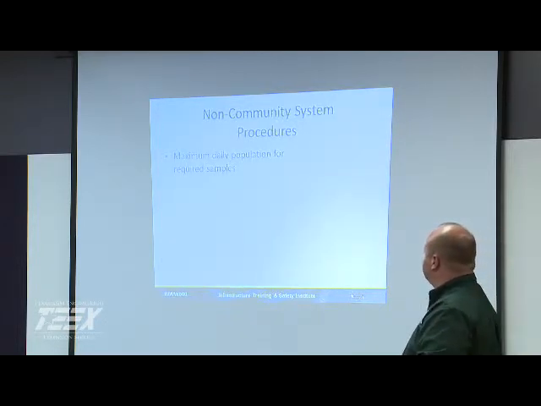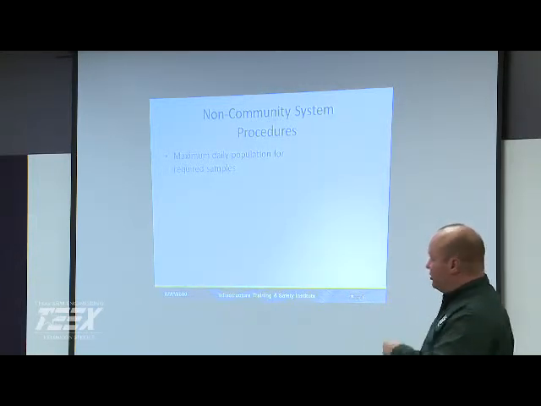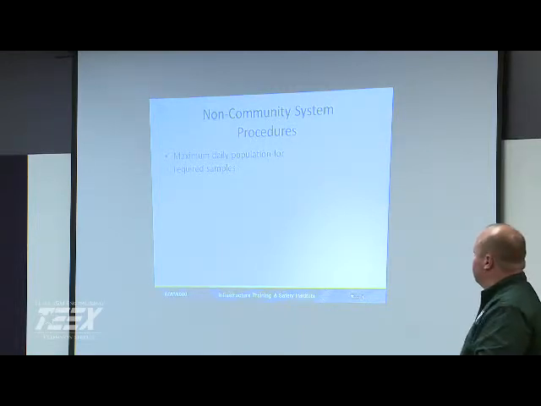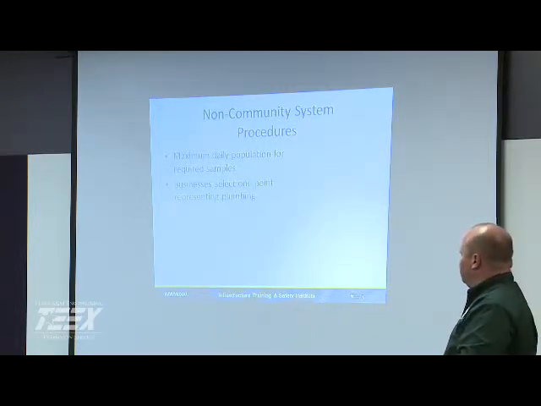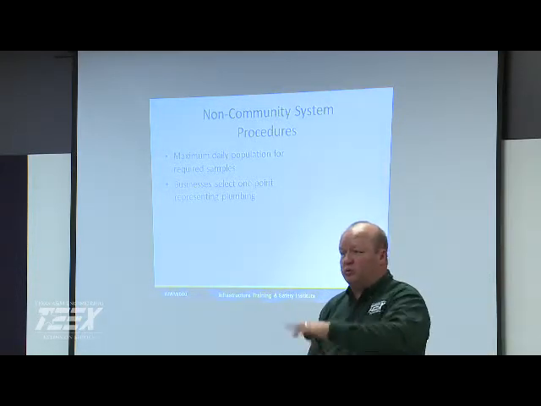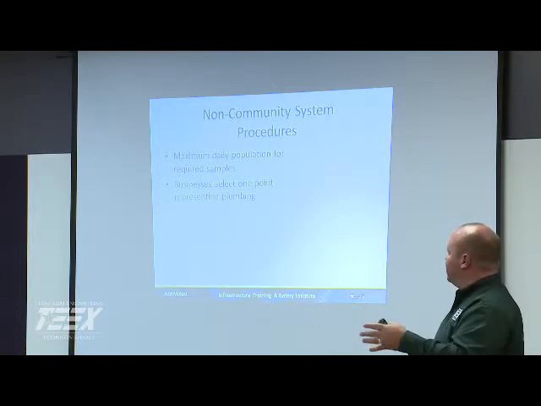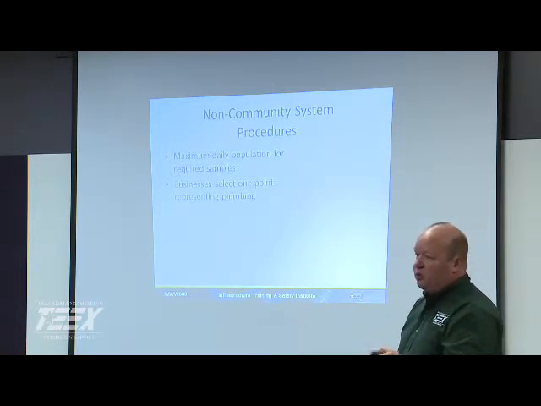For the NTNCs, non-transient non-community populations, it's gonna be based on the daily population. They're gonna need to select something in the business, especially like the schools that are running. They need to be able to, again, designate an appropriate sample point.